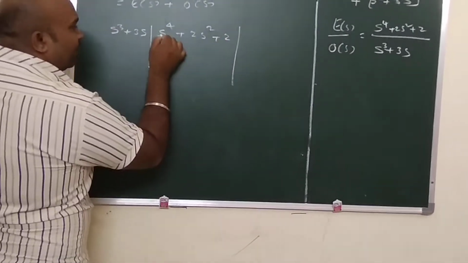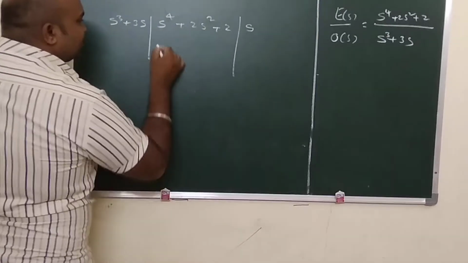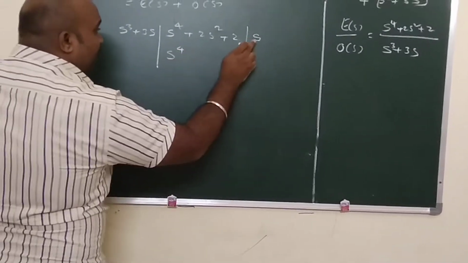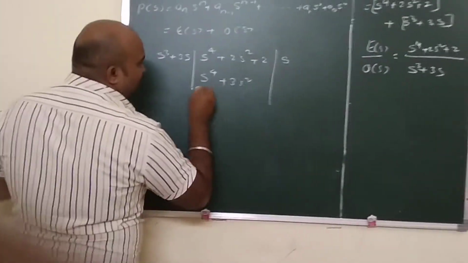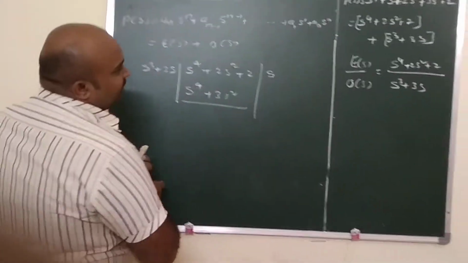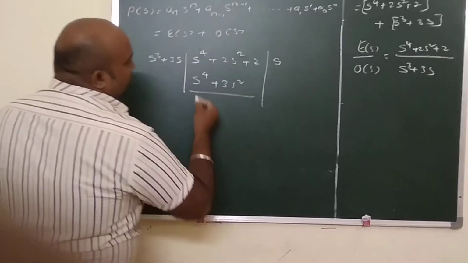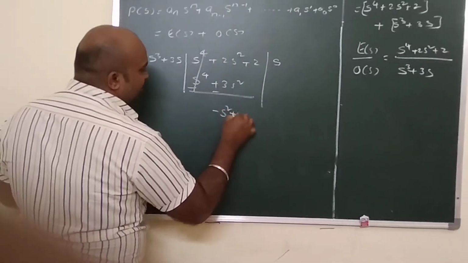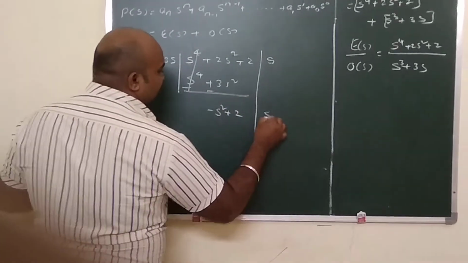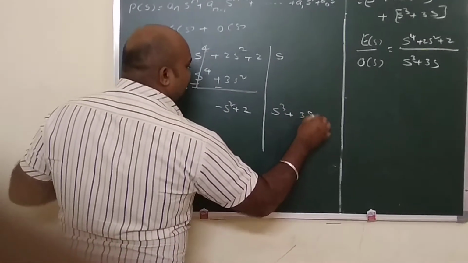Now for eliminating this one, I am multiplying by s, that is s power 1. I multiply s with this equation, s power 4 plus 3s square. Then we get minus s square plus 2, and here it is s cube plus 3s.